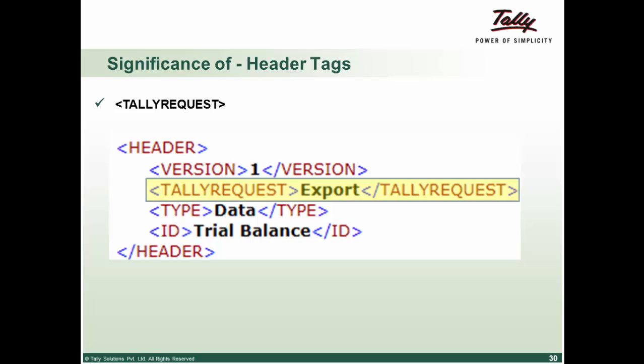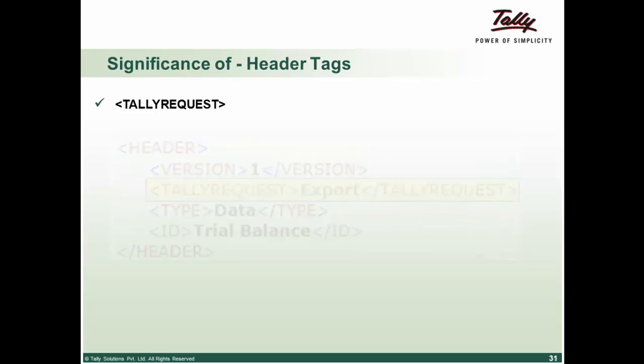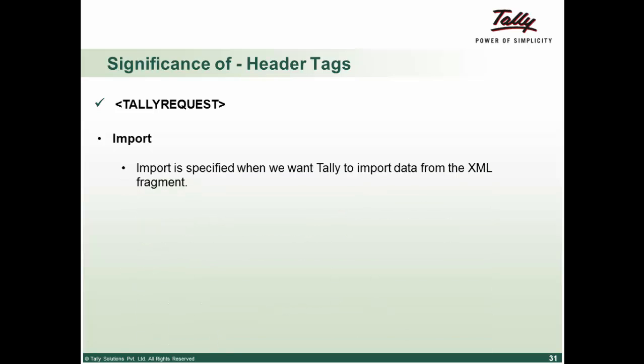So this is how it looks like. So currently it says tally request export, which means tally has to export some data. Then we have the description of each value of tally request. Import is specified when we want tally to import data from XML.